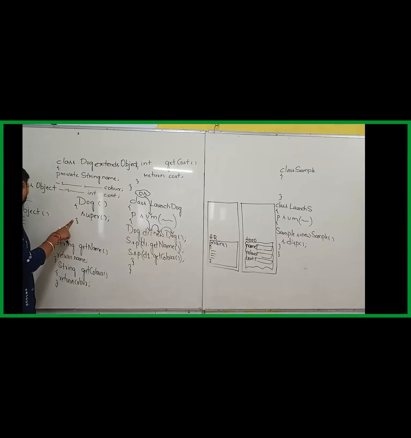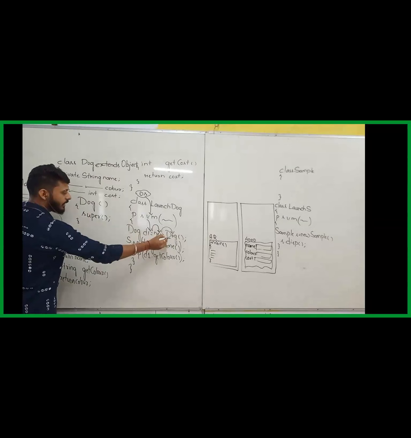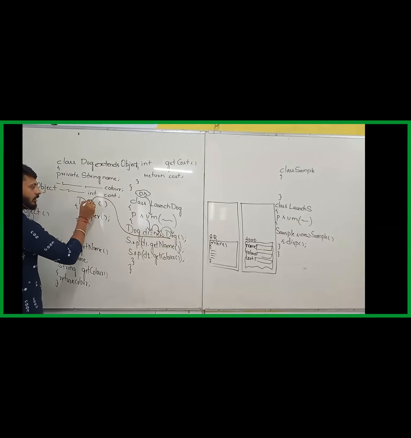Of course, we have not included it, but the compiler included it, because of which control from here will directly come to here. As I've already told, the execution of the constructor will be taken care of by the JVM itself, so you need not create an activation record. Directly the control will come inside.